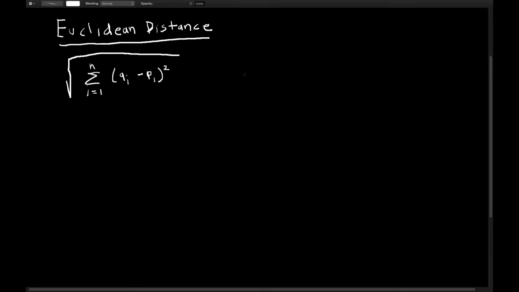Let's give a more concrete example. Let's say we had this graph over here. We have y and we have x, and we have some point over here, at 1, 3.